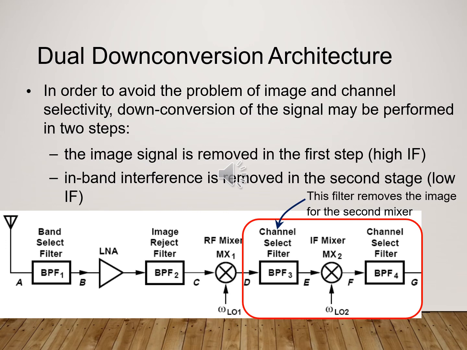We can divide this into two steps. As you look in the block diagram, the image signal is removed in the first step. Then the in-band interference is removed in the second step. This filter removes the image for the second filter as well.